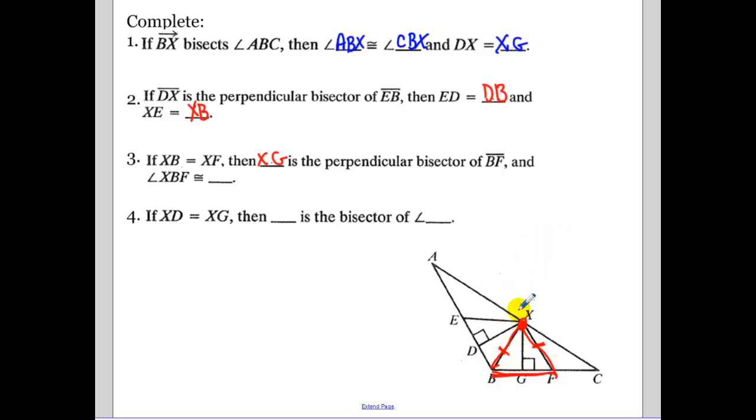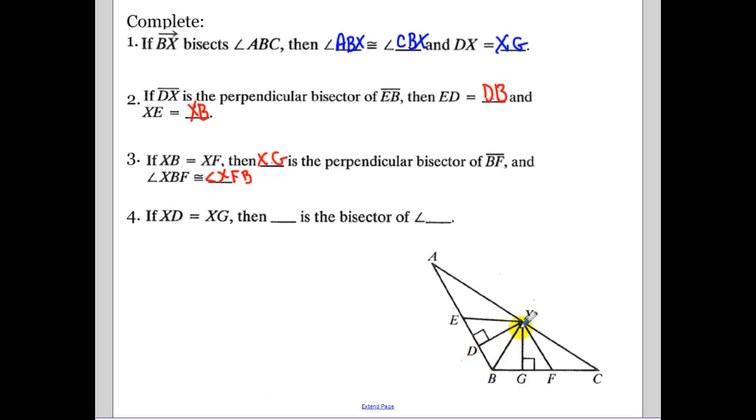And angle XBF is equal to angle XFB, because we have the two base angles of our isosceles triangle.